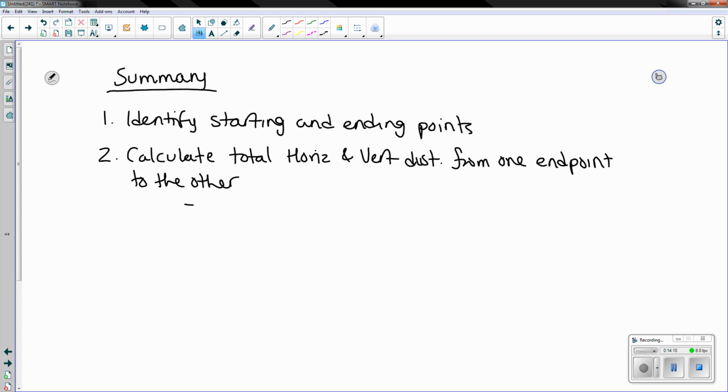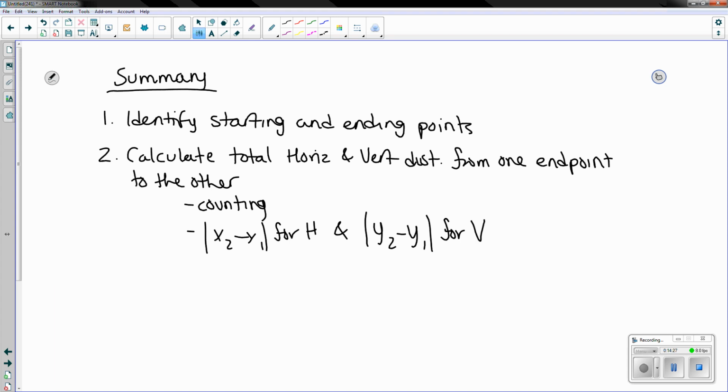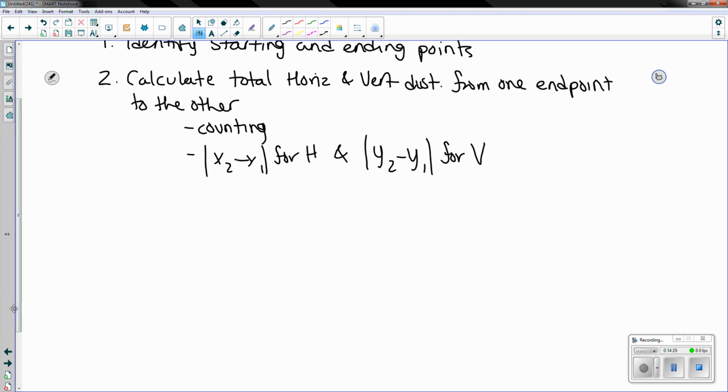You can do that by counting in some cases, or through algebra: change in x for horizontal and change in y for vertical. Once we've done that, we're going to apply the fraction that's given to us to these distances.